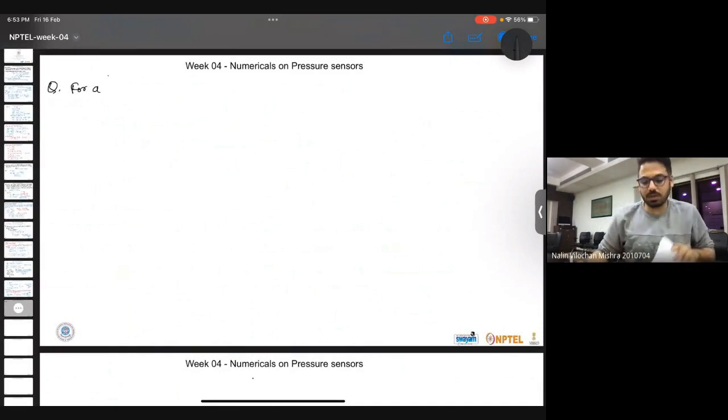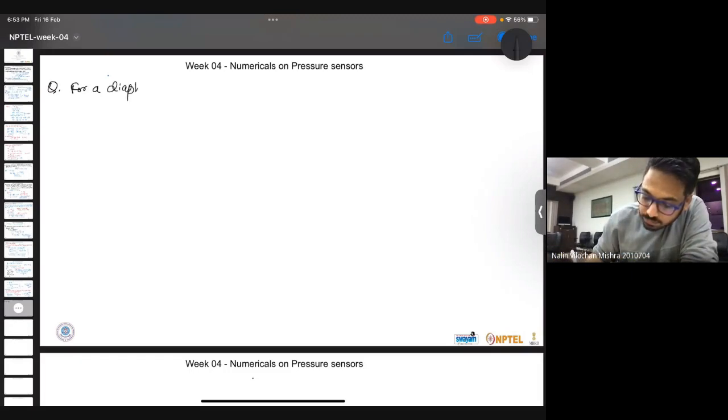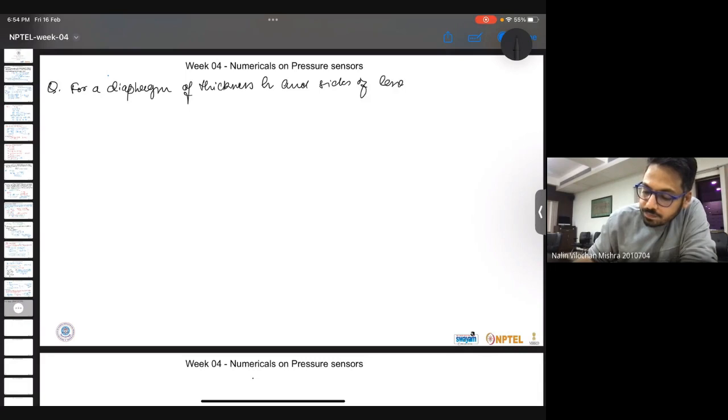Okay, so let's go to the question. For a diaphragm of thickness h and sides of length 2a, you need to find, first, the burst pressure.